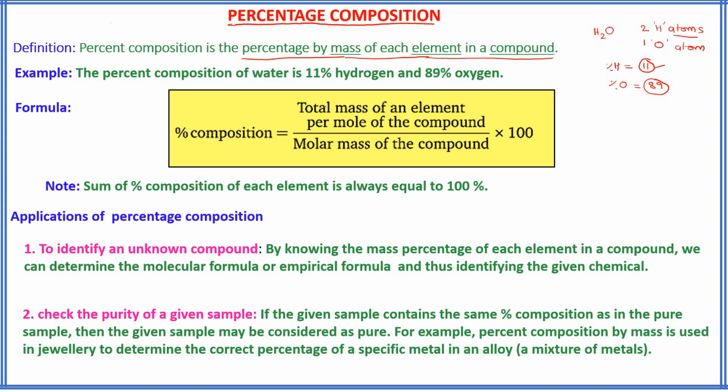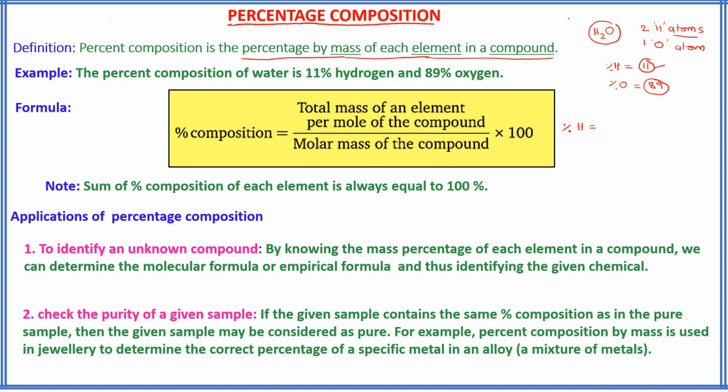Atomic mass, isn't it? So what is the formula here? Percentage composition equals total mass of an element per 1 mole of compound divided by molar mass of the compound. For example, I want to calculate the percentage of hydrogen here. What is the total mass of element per 1 mole? 1 mole I have taken.